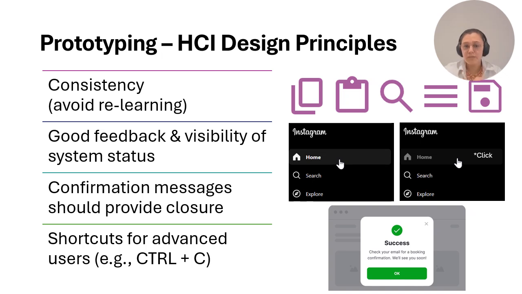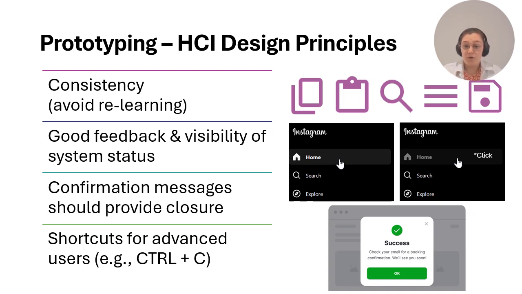So being consistent with other applications can be really helpful. You probably all know the symbols, the icons for copy, paste, search, menu, and save, because they're consistent throughout different technologies. And so this is why consistency can be really powerful, because you don't have to relearn every time.